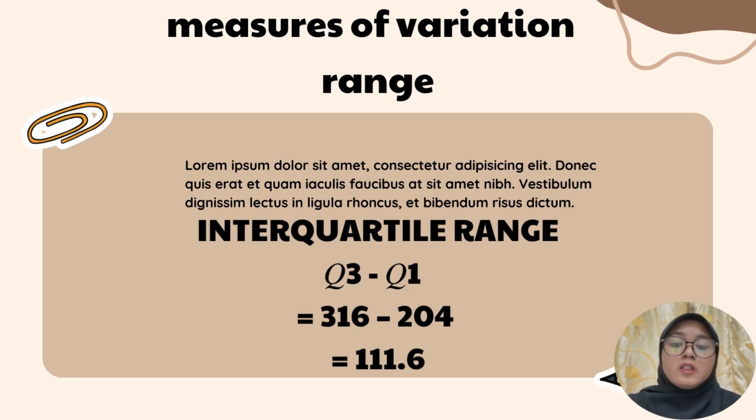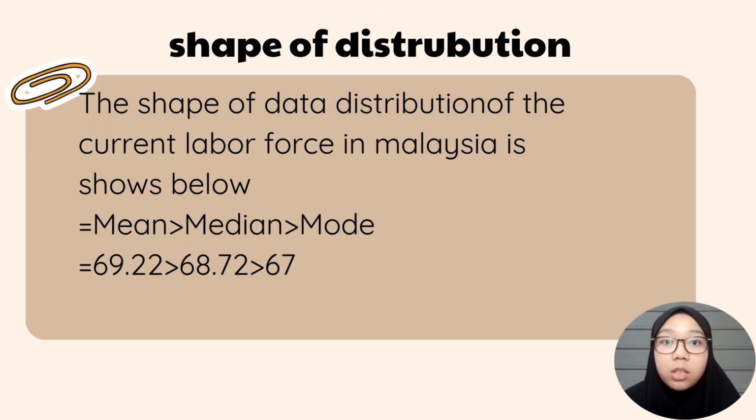Interquartile range, Q3 minus Q1, equal 316 minus 204 equal 111.6. For the shape of distribution, we combine the measures of central tendency, which are mean, median, and mode. The result of mean we get 69.22. For the median we get 68.72, and for the mode we get 67.